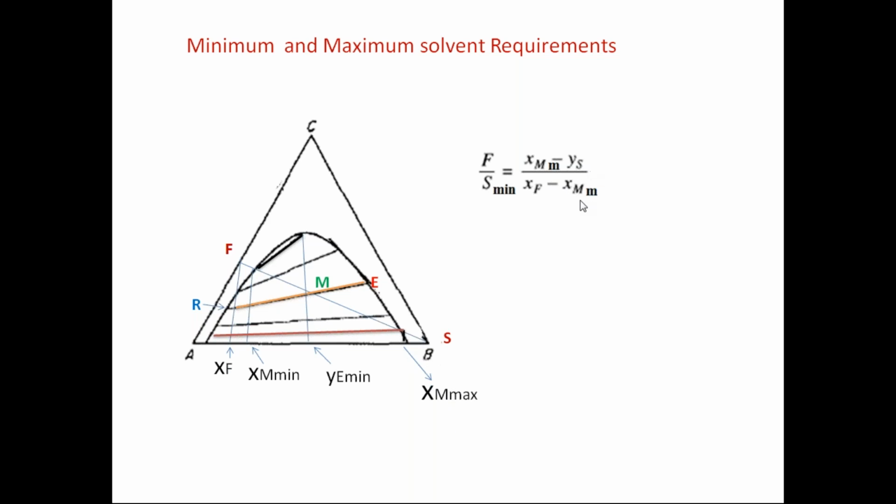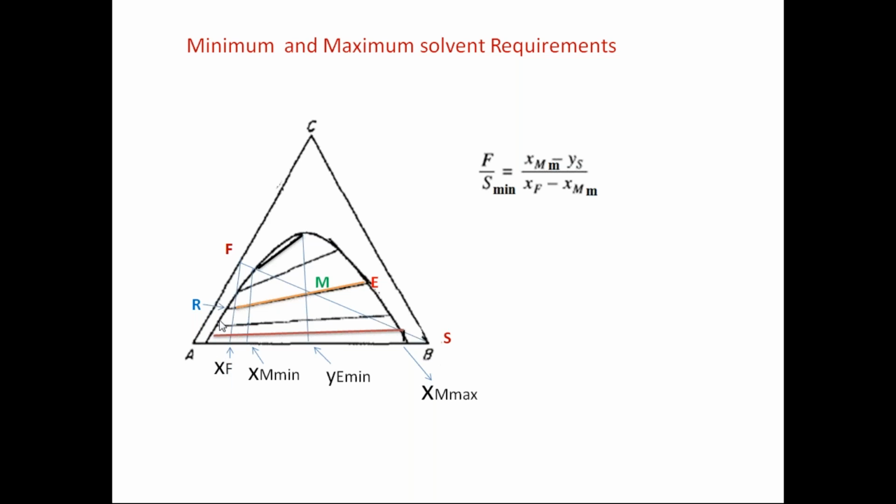So this gives the XM minimum. If you replace XM minimum with XM maximum, then you will get the S maximum value, this one. So this gives the S minimum, this gives the S maximum. In between only, the solvents can be used. So you can say that S minimum and S maximum depend on the system as well as the feed composition.